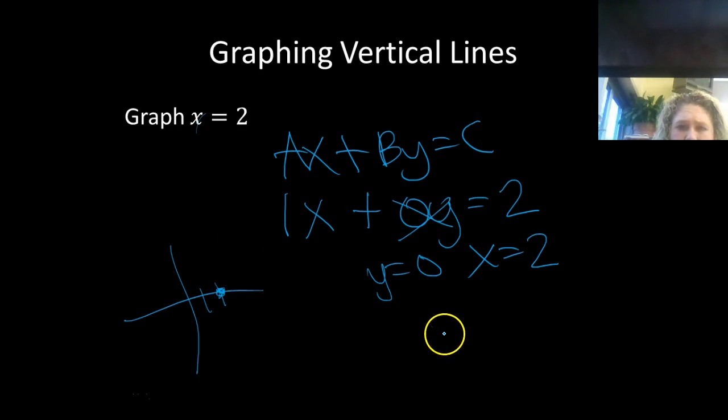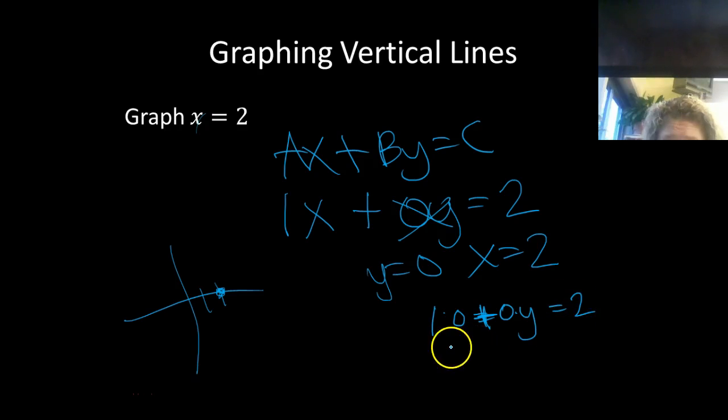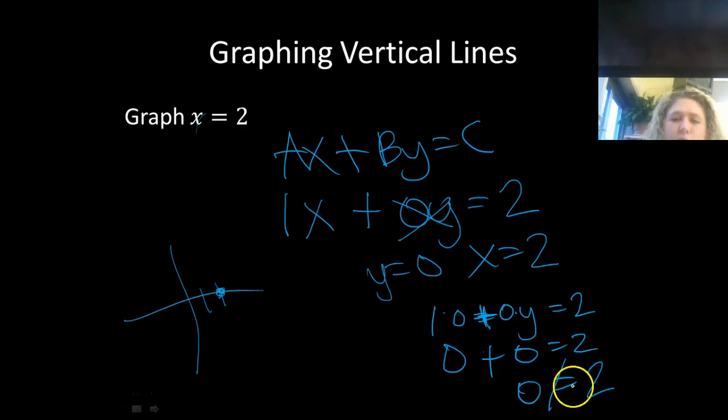Now if I flip it and plug in 0 for x, I get 0 plus 0y equals 2, so 0 plus 0 equals 2, and 0 does not equal 2, so this, once again, does not cross my y-intercept. So it's going to create this line.